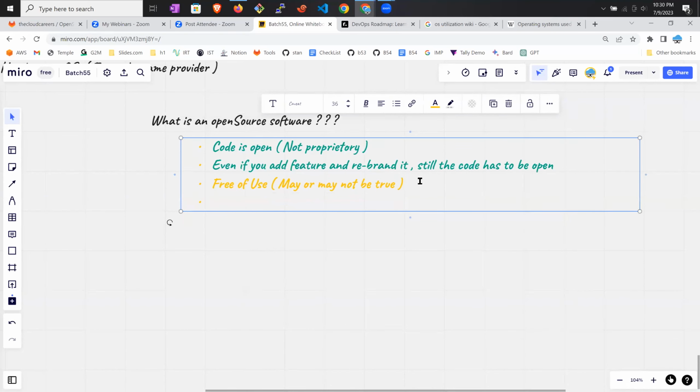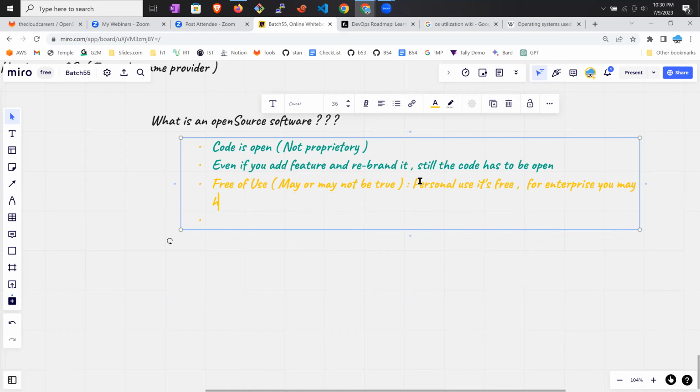The majority of the time, when a software is open, anyone can use it. If you're using it for personal use, it's free most of the time. But if you're using it for enterprise purposes, you may have to pay. This is based on the open source software that you're using.